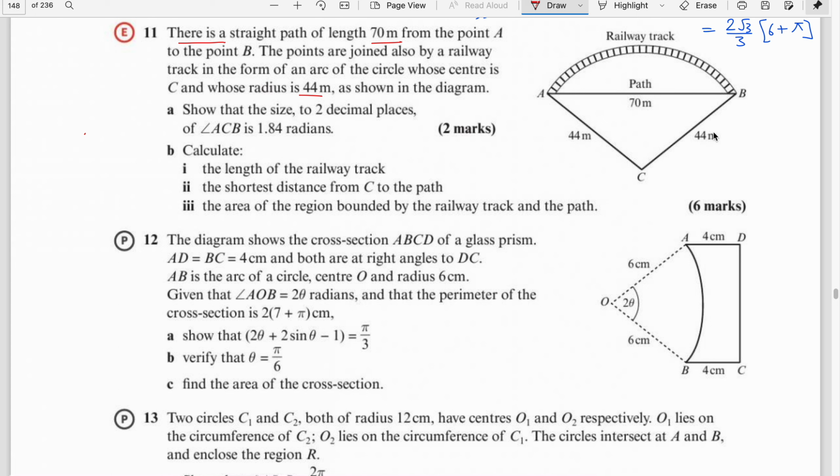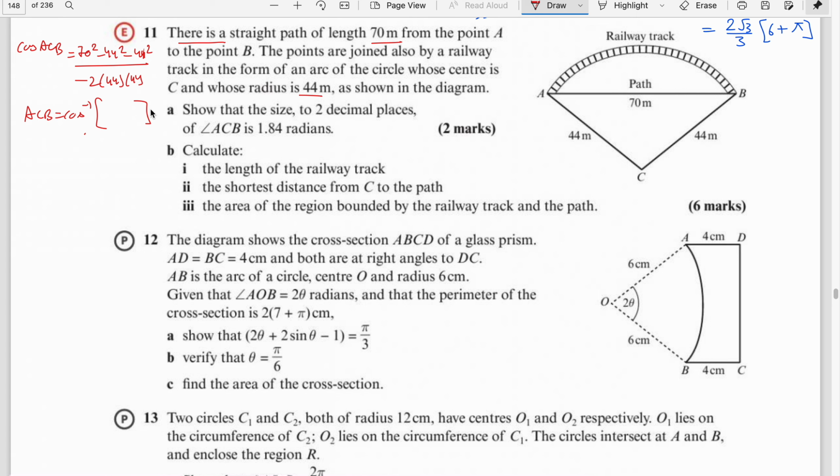So again, cos rule, we have all three values. So cos of ACB equals 70 square minus 44 square minus 44 square by minus 2 into 44 into 44, and ACB is equal to cos inverse on calculator.